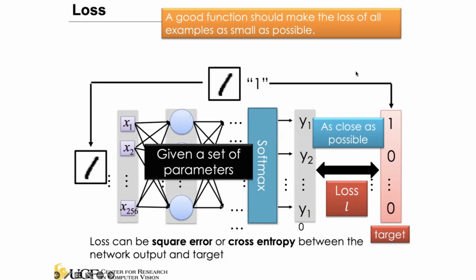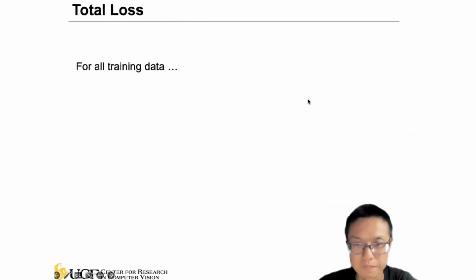In this case, the goal is that we want to minimize the sum of the loss, the total loss for the entire training set. If you make a small error for the entire training set, it means your model did a very good job in terms of predicting correctly. So the goal is to make the loss as small as possible.